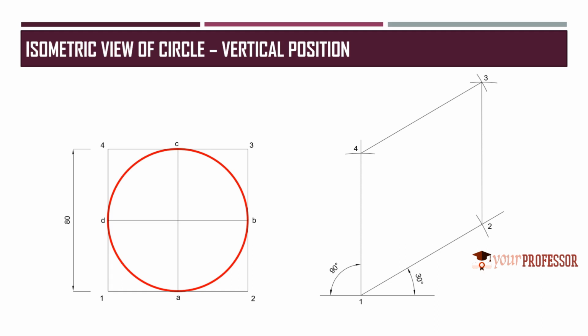For all the arcs, consider 40 mm radius. 1 as center, drop an arc, that will be point A. 2 as center, drop an arc onto the 2, 3 line, that will be point B. 3 as center, drop an arc onto the 3, 4 line, that will be point C. And 4 as center or 1 as center, drop an arc onto the 1, 4 line, so that will be point D. So we have got the points, right? Now let us join the diagonals. 1, 3 and 2, 4 are the diagonals, right? So I have joined 1, 3. Similarly joined 2, 4.